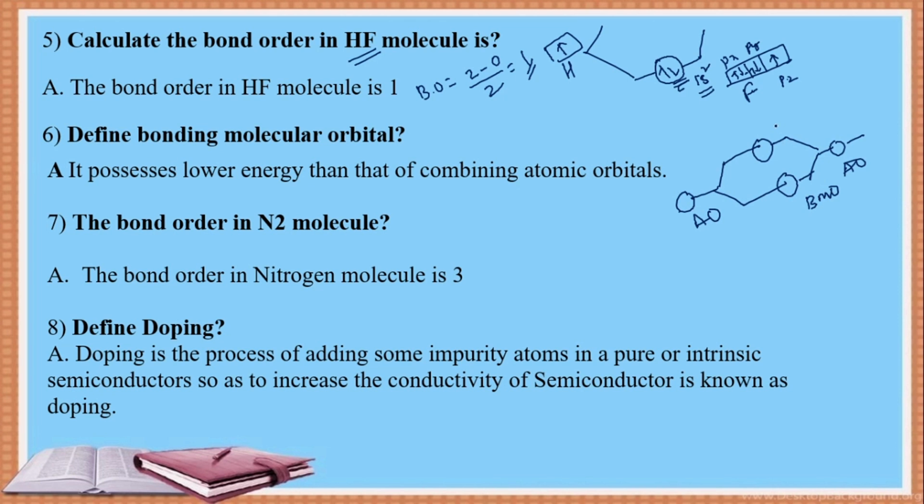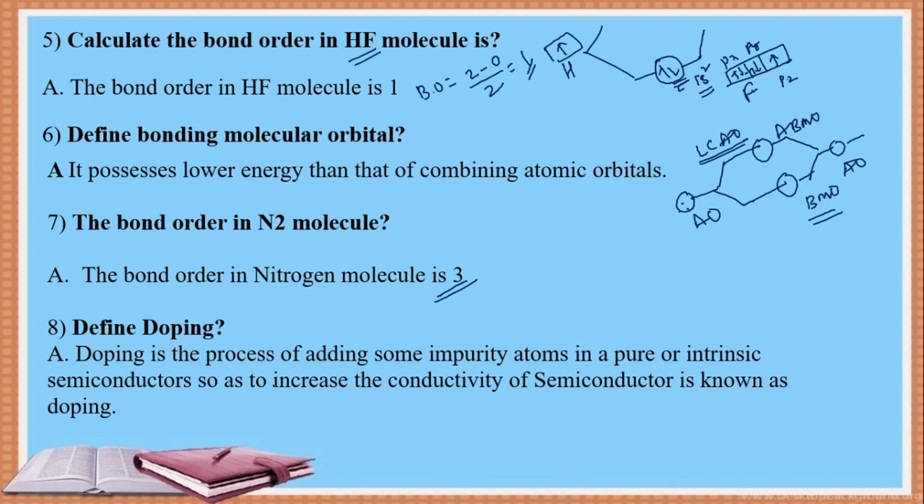One is the bonding molecular orbital, another is the anti-bonding molecular orbital. The bonding molecular orbital has lower energy than the atomic orbital, and the anti-bonding molecular orbital has greater energy than the atomic orbital, according to the linear combination of atomic orbitals, LCAO, approach. Okay. So the bond order in the N2 molecule is 3.